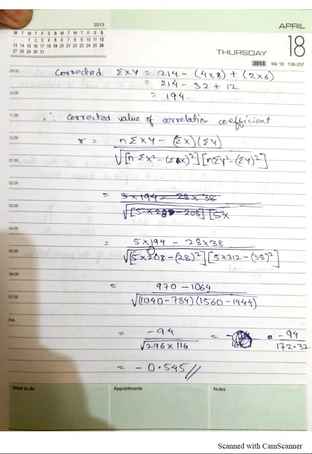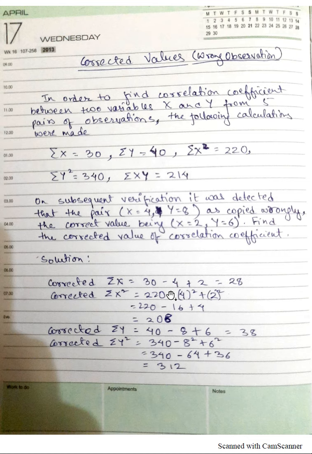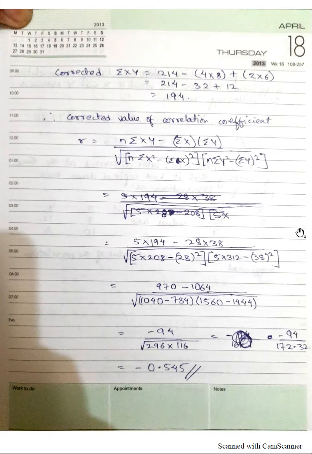So 5 into corrected summation xy, which is 194, minus summation x, which is 28, into summation y, which is 38. Then under the root, 5 into summation x square, which is 208, minus 28 square, into 5 into summation y square, which is 312, minus 38 square.